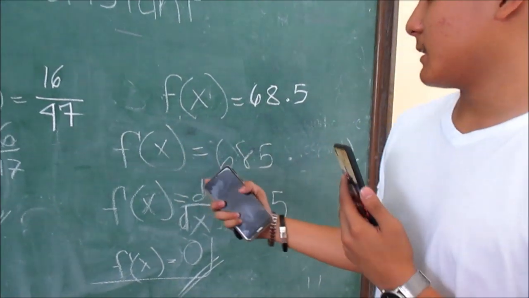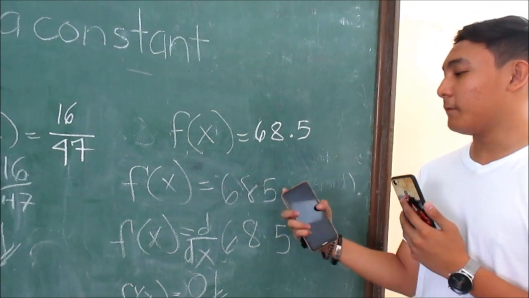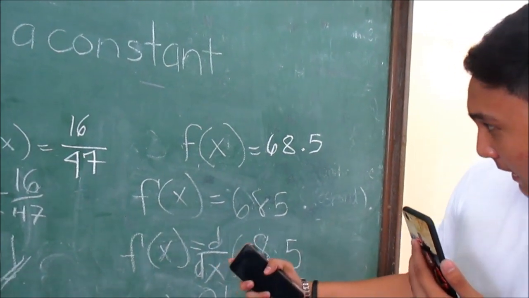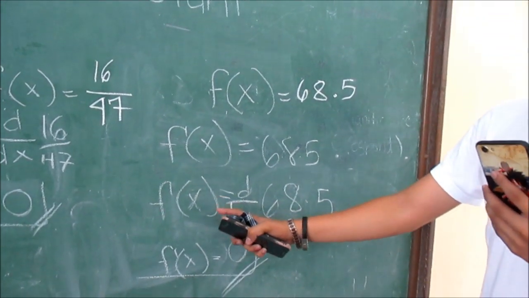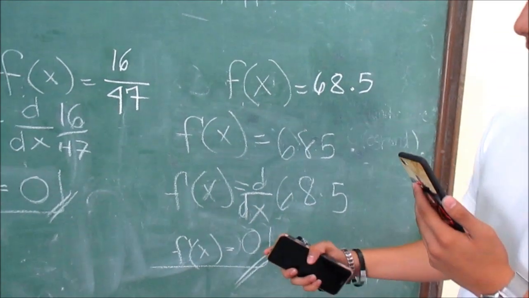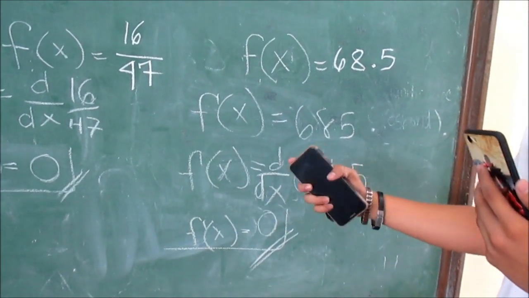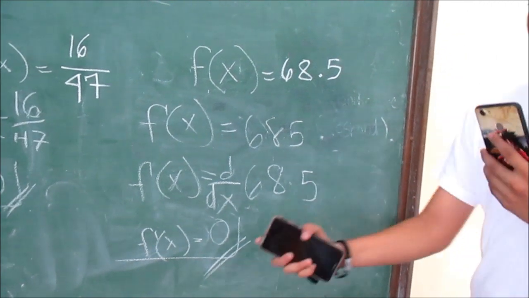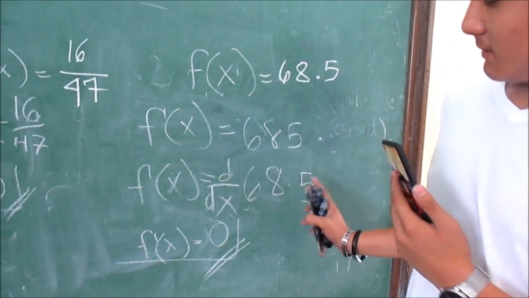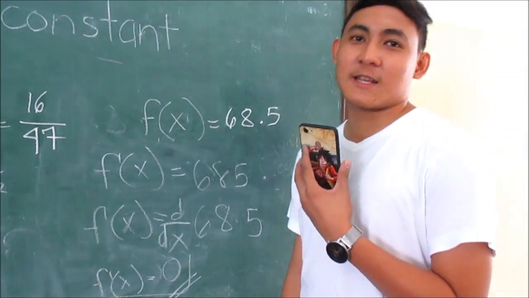F prime of x is equal to the derivative of 68.5. Since there's no variable, the answer is 0. And that's all. Thank you.